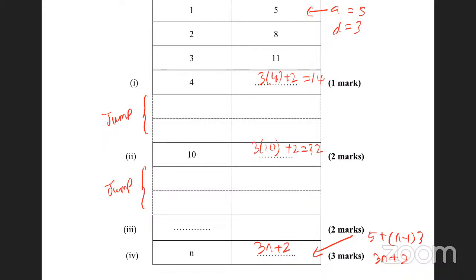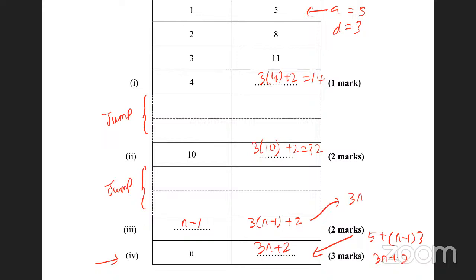Right. So let me see if I can explain this to you. After 1 is what? After 2 is? Before 3 is what? How do you get up? Minus 1, right? So if here is n, then the term before is n minus 1. So it's 3 times n minus 1 plus 2.